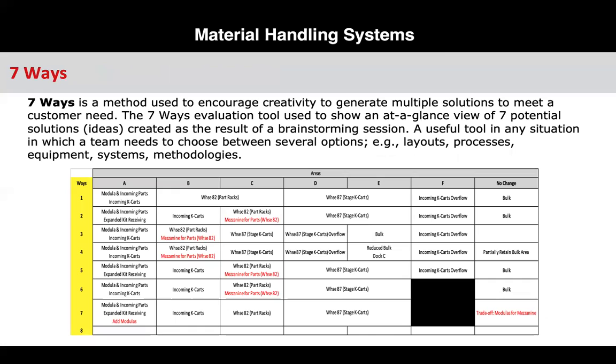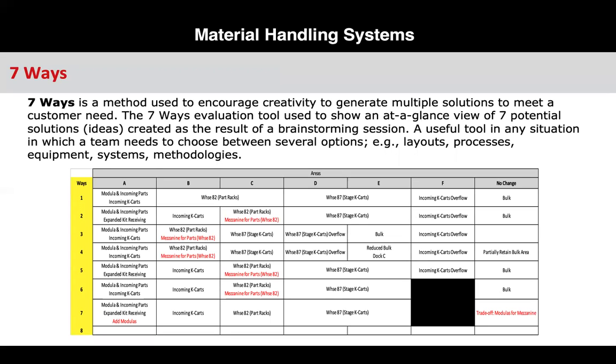Okay, so I mentioned 7 ways. 7 ways is a method used to encourage creativity to generate multiple solutions to meet a customer need. Customer need refers to internal and external customers, but most of the time you're probably talking about an internal customer, which in a lot of these cases could be production.